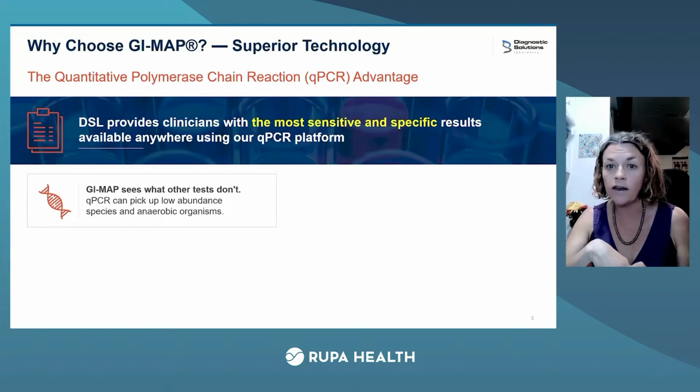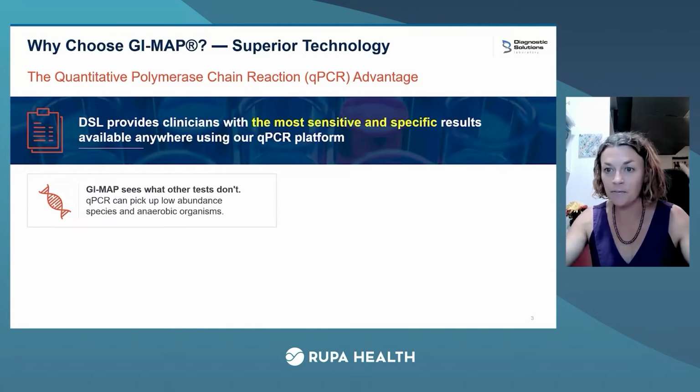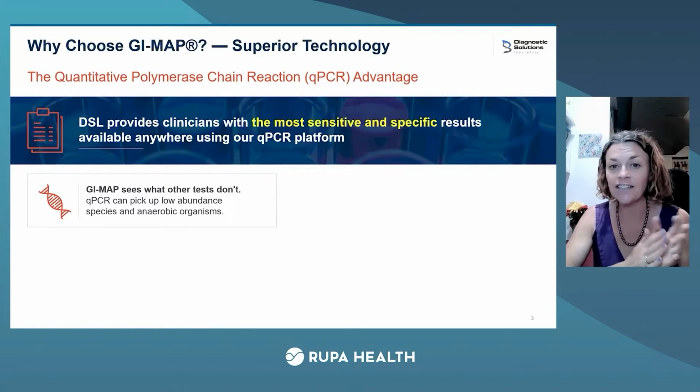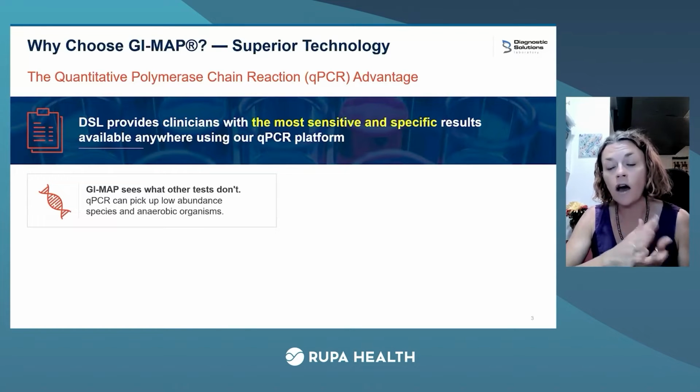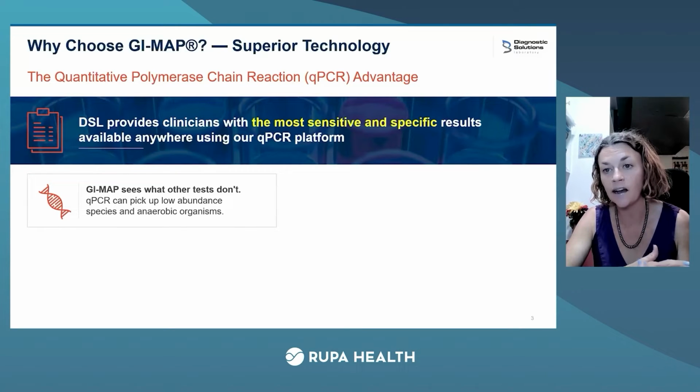For the microbial analysis, we're using quantitative PCR. It's a technical term, but essentially this is different than other PCR tests. This is not a 16S test. I hear that a lot in the chatter. We are not 16S. We are quantitative PCR, which offers a high degree of sensitivity and specificity for the targets we're analyzing on this test.